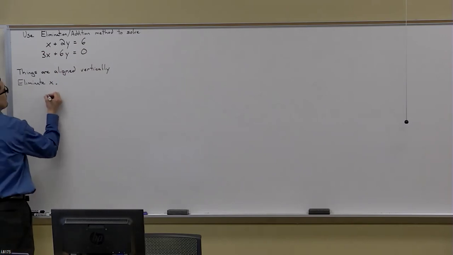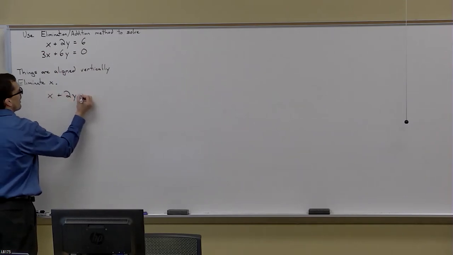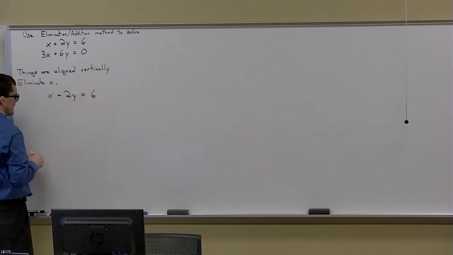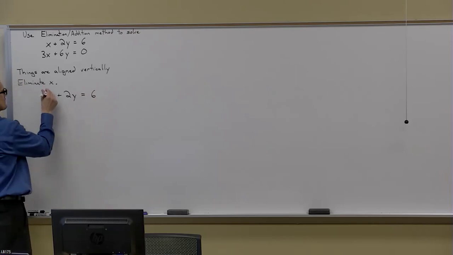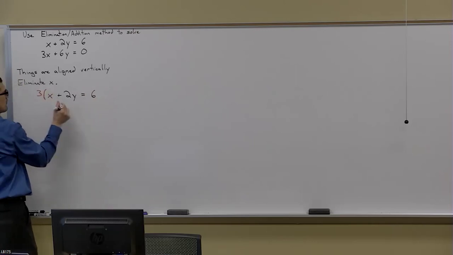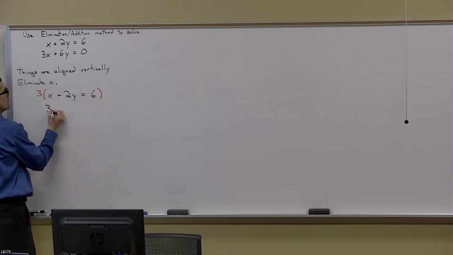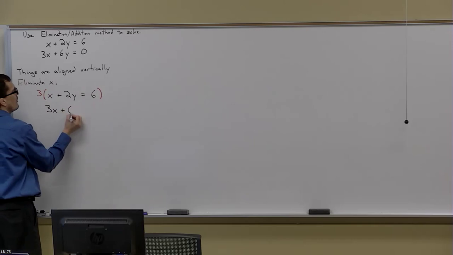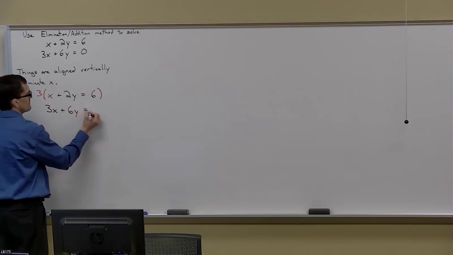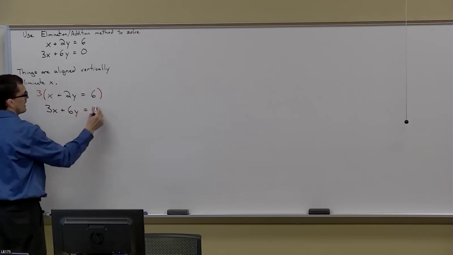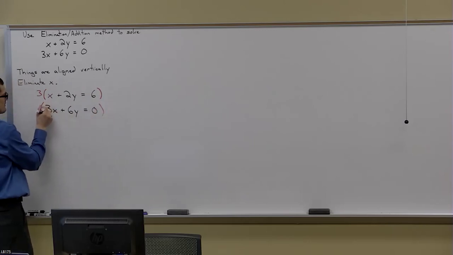I'm going to put a 3 in front of my first equation. And I'm going to put, well, the coefficient in my first equation in front of the x is a 1.